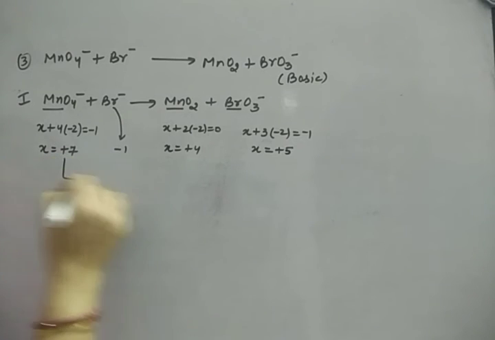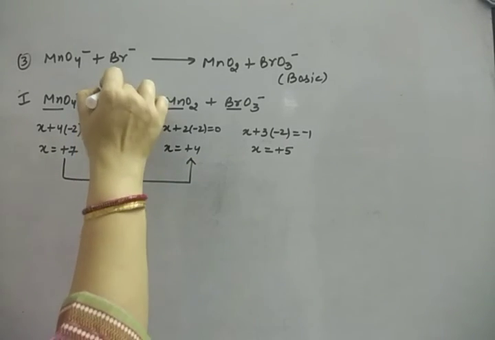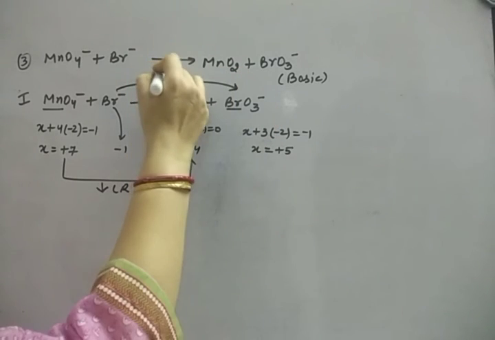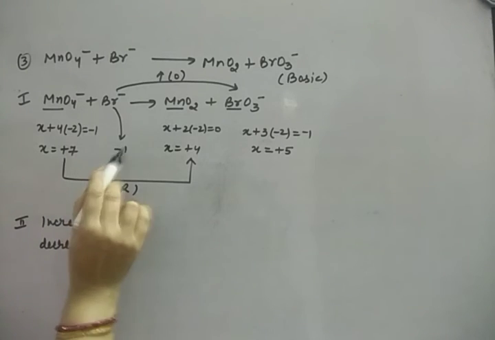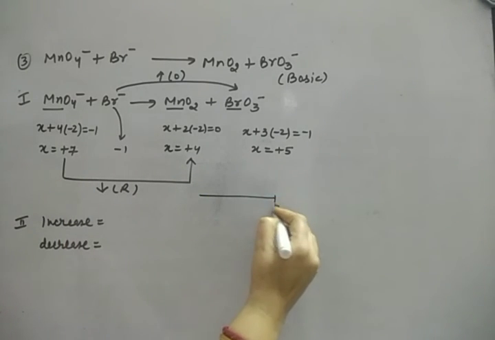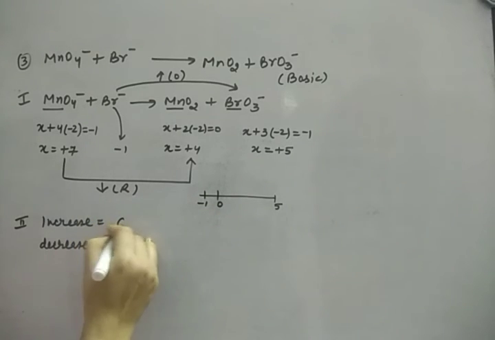Okay, so plus 7 to plus 4 it is decreasing, that is reduction, and minus 1 to plus 5 it is increasing, it is oxidation. Now we'll find out how much increase and how much decrease is there. Now increase is minus 1 to plus 5. So this is the number line. This is minus 1, 0. So you will find that the total increase is 6.